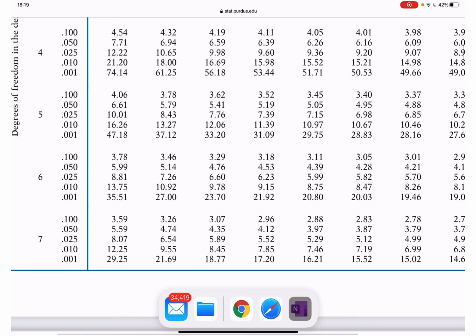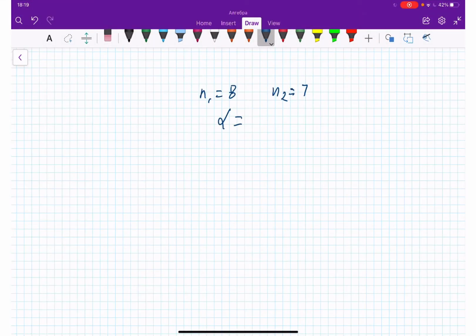The degrees of freedom for the denominator is going to be 7, and the degrees of freedom for the numerator is going to be the opposite. It's going to be 6, and the denominator is going to be 7.